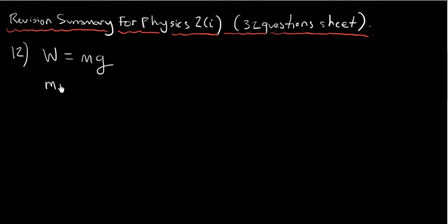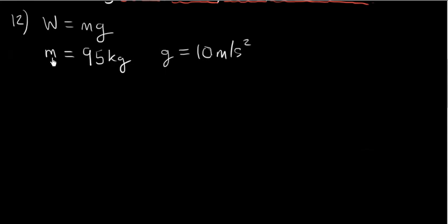My mass is approximately equal to 95 kilograms. I know I need to go to the gym, and the gravitational acceleration g is roughly around 10 meters per second squared.